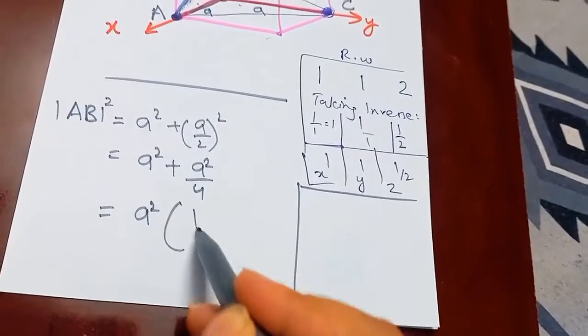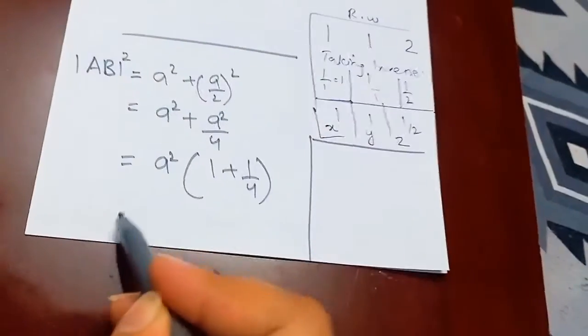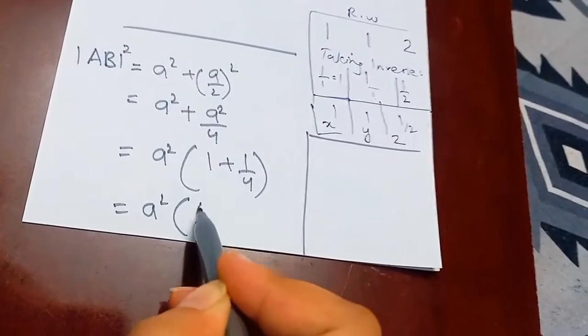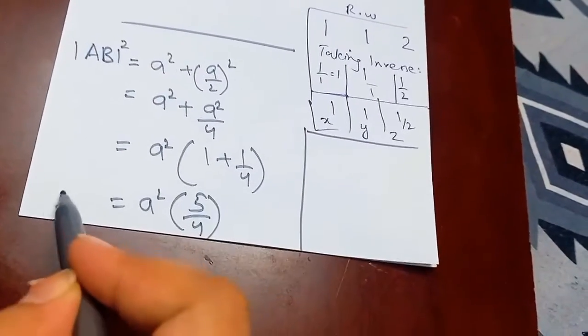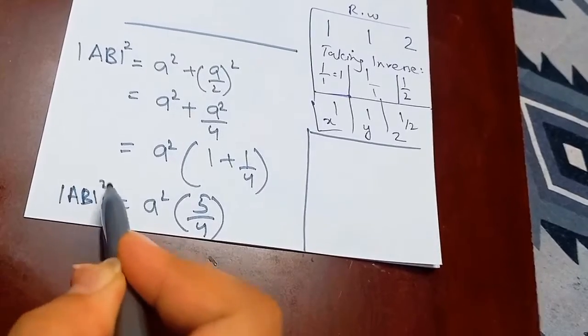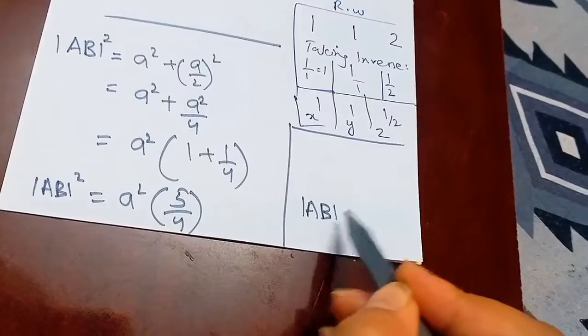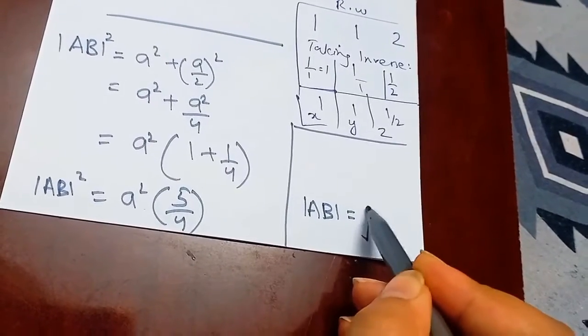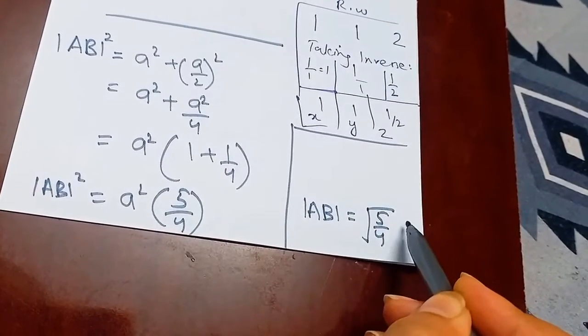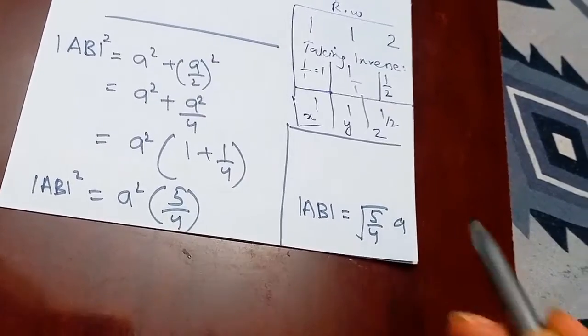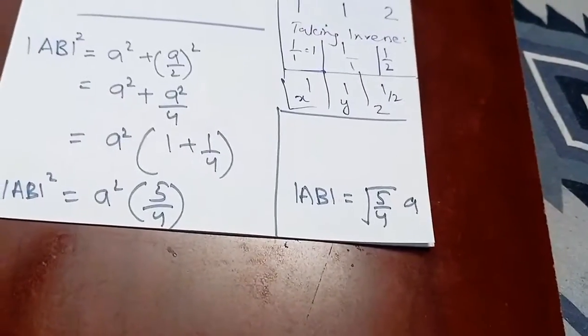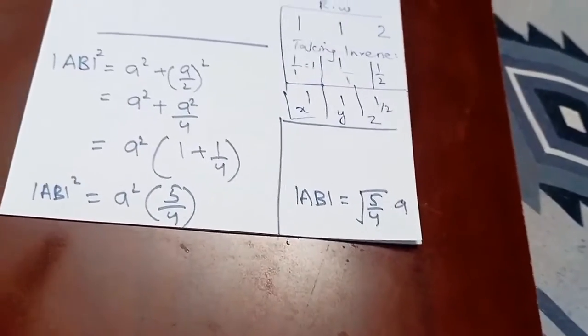Taking a square common, 1 plus 1 by 4, which equals a square times 5 by 4. You can take the LCM. Taking under root on both sides, it gives AB length equals under root 5 by 4 a. Okay, this is the AB length.